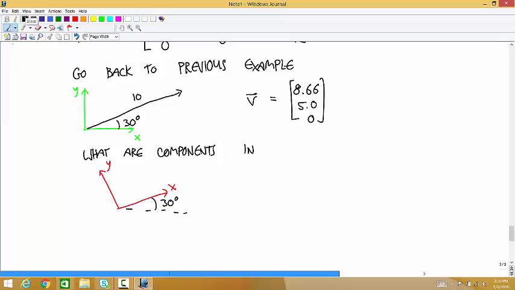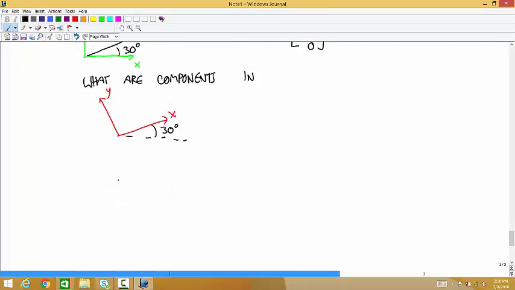Okay, well, what you have to do is figure out what kind of rotation you're doing to get from the original coordinate system to this coordinate system. You know, we're going from this to this.